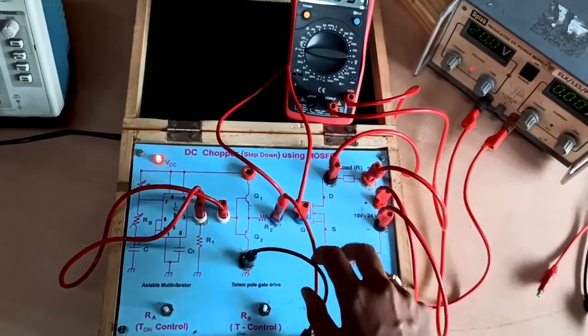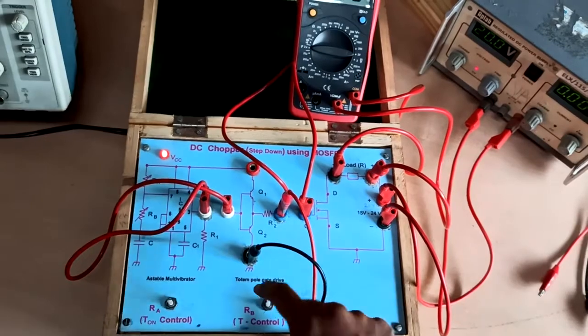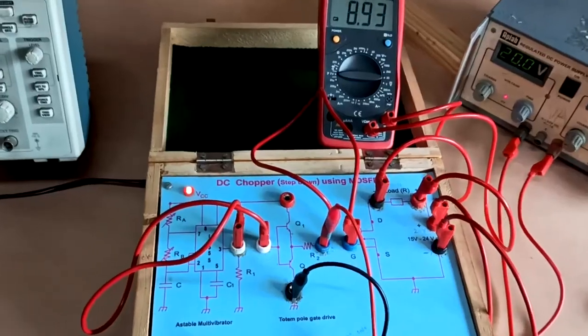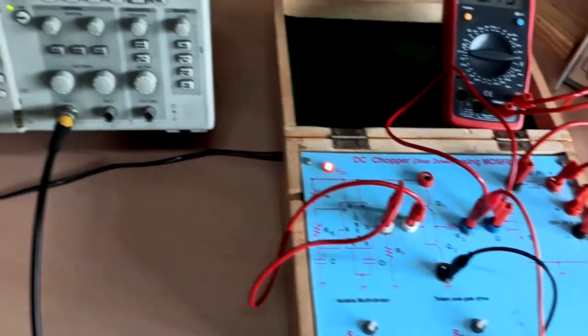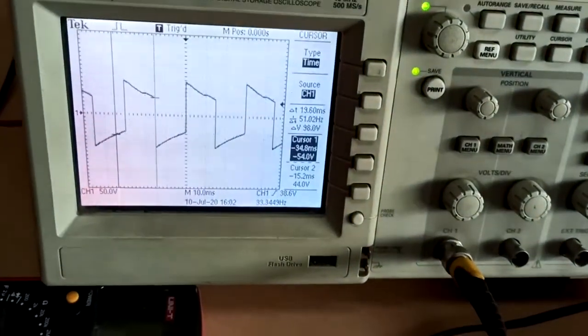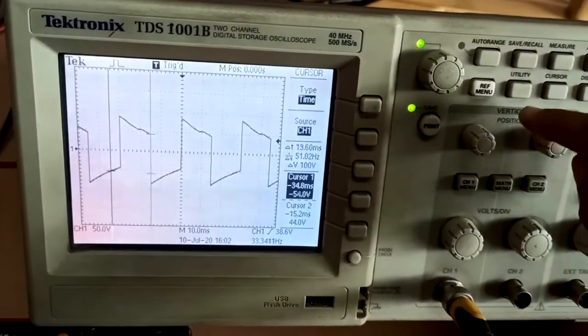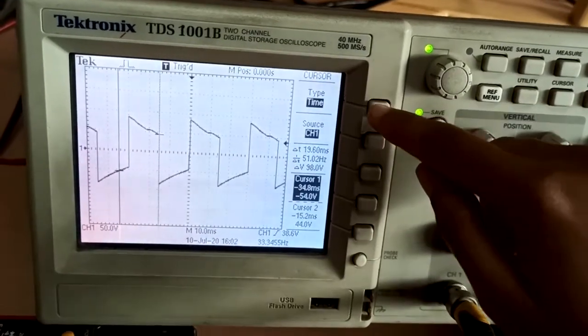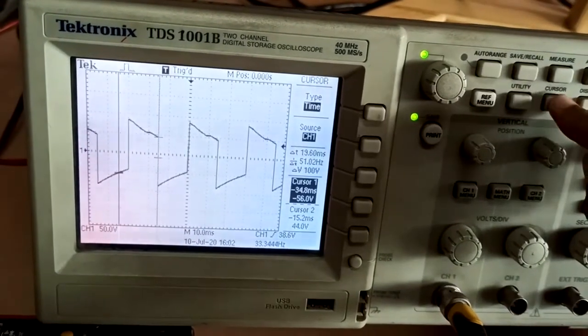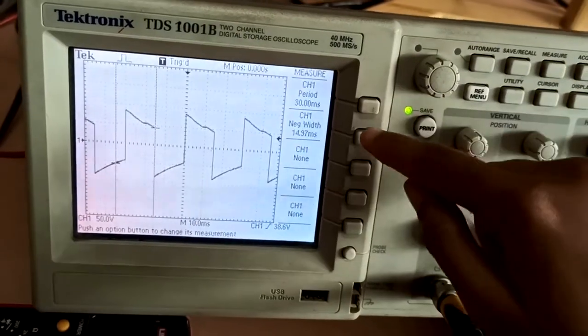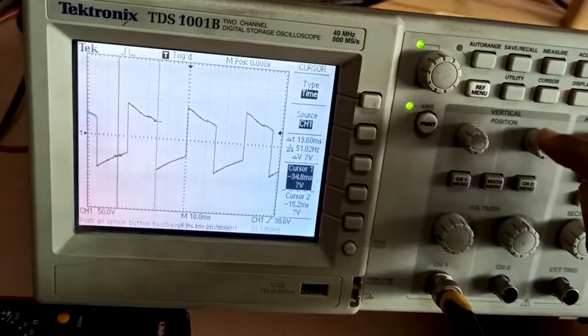Okay, so now I have connected the probes of DSO to the circuit. Now we will check it on DSO. Here you can see we will calculate T on, T off. We have connected to channel 1. Click on measure. This is the channel 1 cursor.